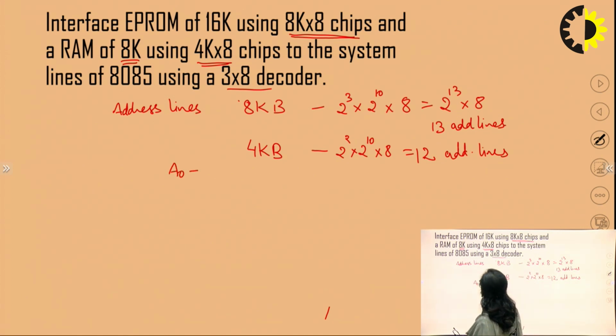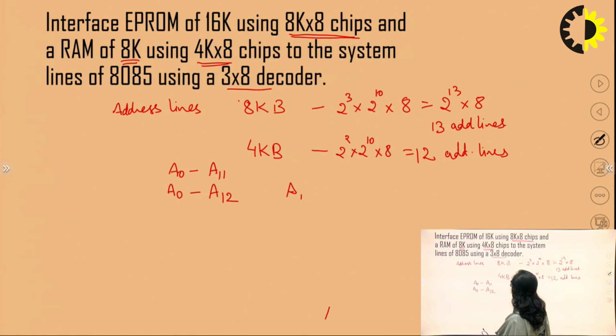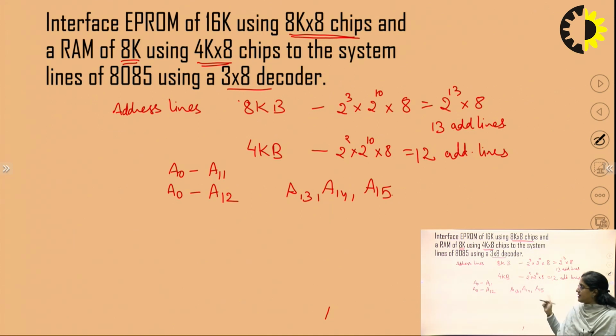A0 to A11 and A0 to A12 are used. So only A13, A14, A15 remain. These are the 3 address lines remaining. We use 13, so 3 lines are remaining, A13, A14 and A15.